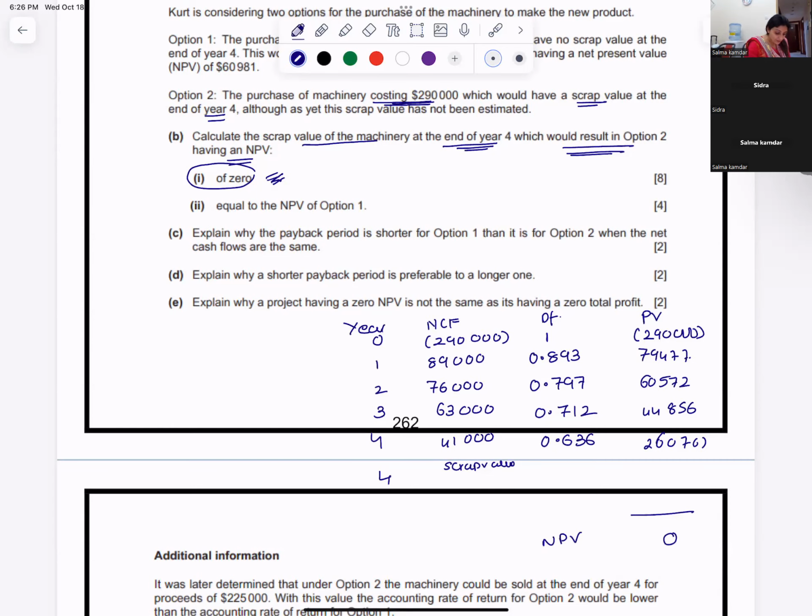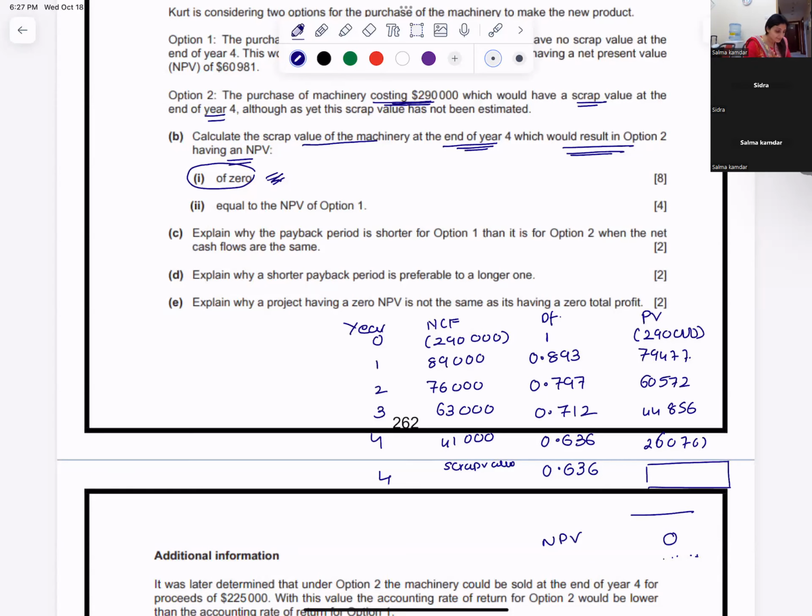At the end of year 4, your discounting factor would be 0.636. You don't know what value to feed in over here so that your NPV is 0. You are going to scrap your asset at the end of year 4.